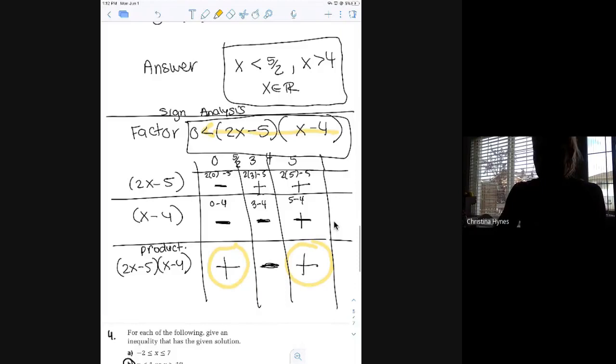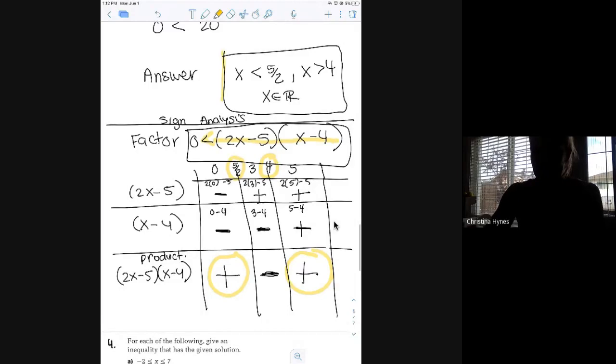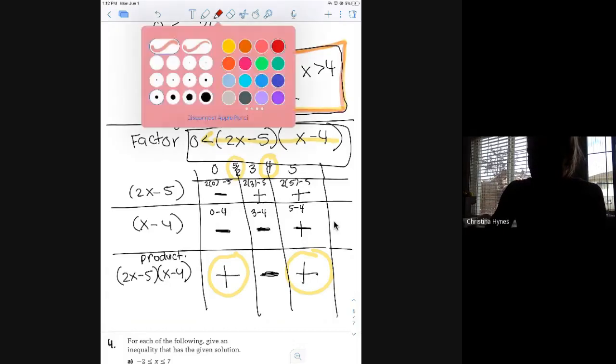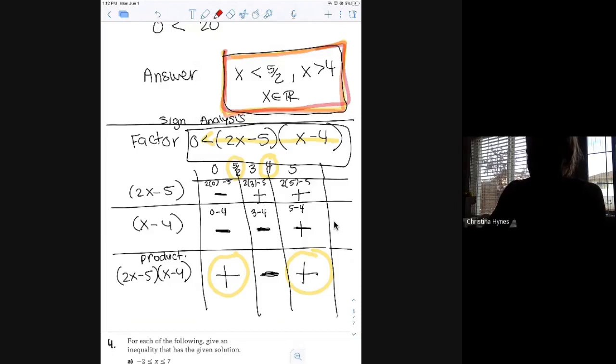We know that it's going to occur when the graph is less than 5/2 and greater than 4, which is the same answer that we posted here. So that's what you kind of read out of there. From the sign analysis, you're reading that this is your answer. Where the graph is positive, meaning greater than 0, you get those sections because they're plus signs, okay?